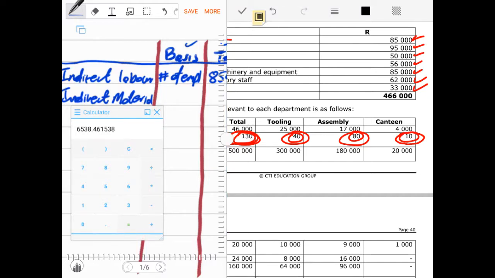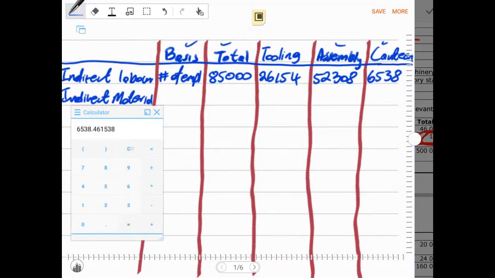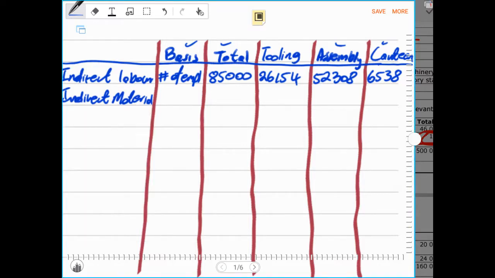Then we multiply by 10, that gave us 6,538. So that is how our indirect labor cost is allocated using the number of employees.